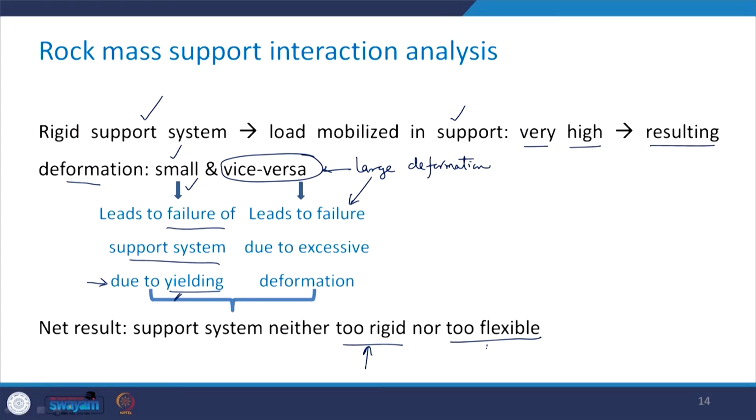If it is too flexible, then the deformations may become more than the permissible deformation, which is also not desirable. So, we have to compromise on a situation somewhere in between these two extreme conditions. One is too rigid, another one is too flexible. So, we need to choose an optimum condition.